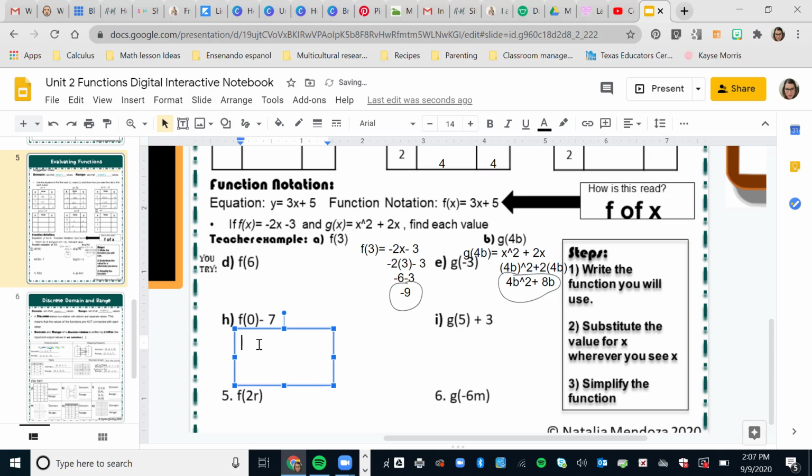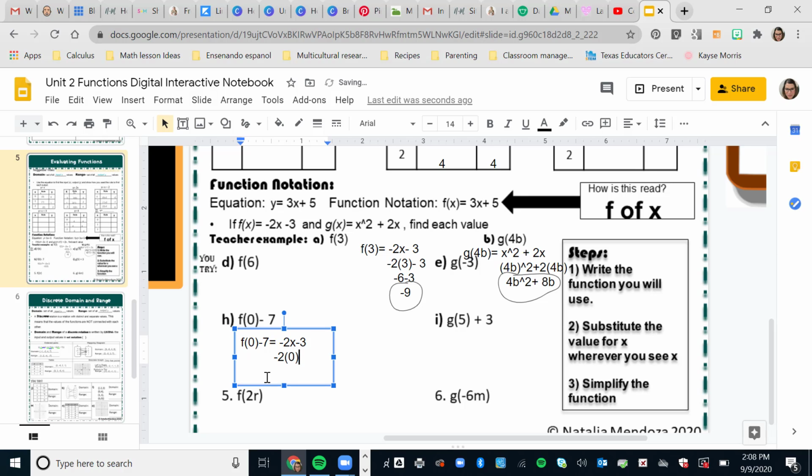So what this is saying is I need to find out what my output is whenever my equation is 2x minus 3 and my input is f of 0, or 0 minus 7. So the way that I do this is I'm first going to substitute. So 0.